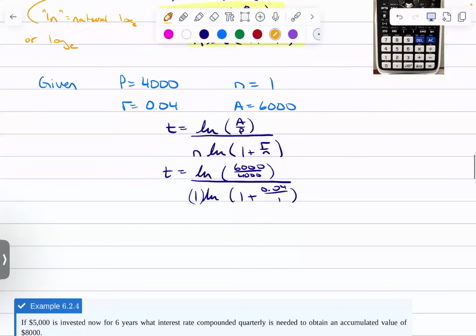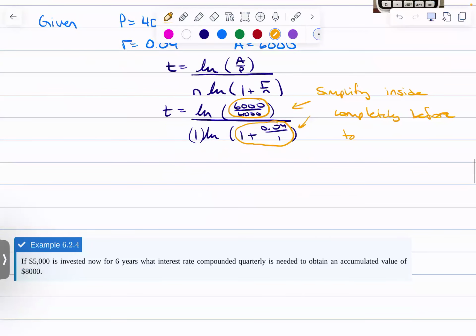Okay. What you want to do when working with these ln's, you want to simplify completely before taking the ln. Simplify inside completely before taking the ln.